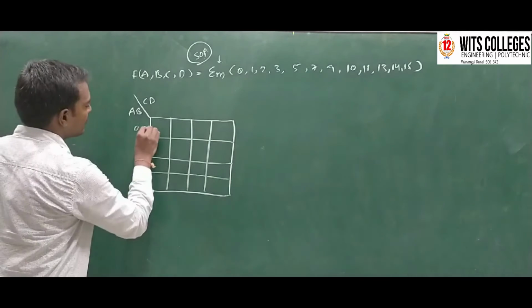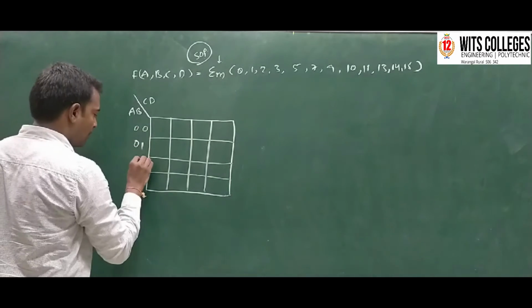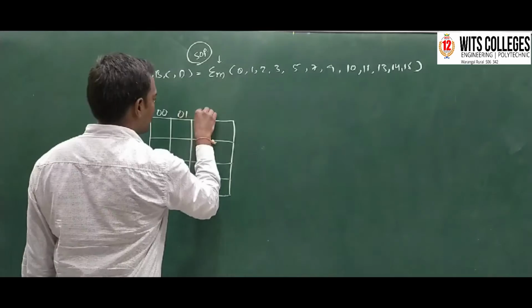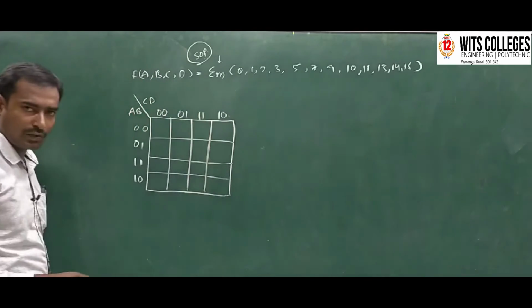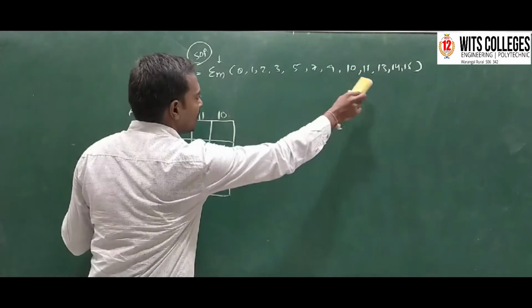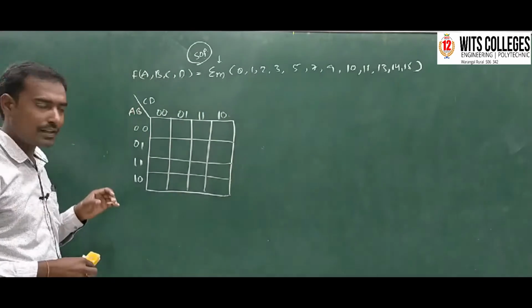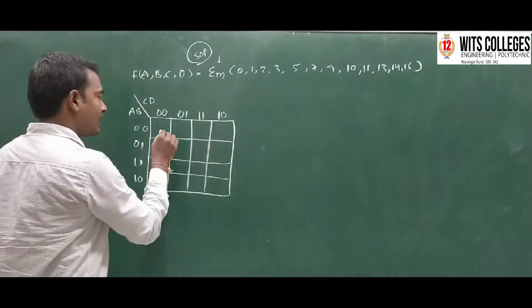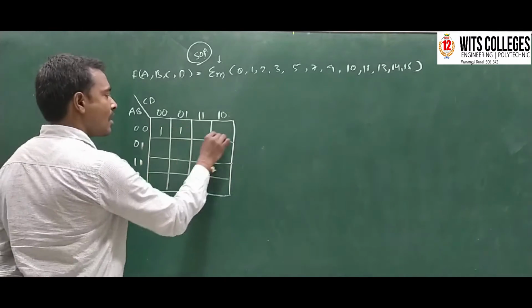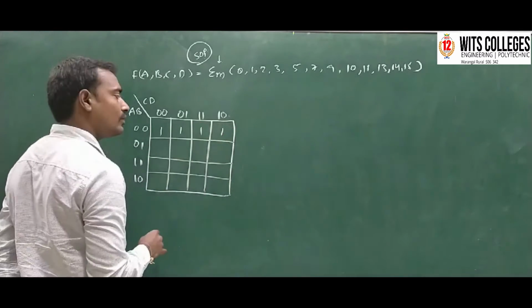Okay, and this is 00, 01, 11, 10 and 00, 01, 11, 10. So here the given variables are 0, 1, 2, 3. All of these will be taken as 1. So here 0 is given, 1, 2 and 3.